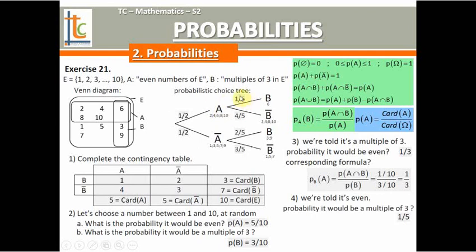But your tree has been built thanks to the table. So the first and most important tool is the table. The corresponding formula in green here would be P of A∩B divided by P of A, so 1 in 10 divided by 1 in 2, or 5 in 10. So in the end, 1 in 5.